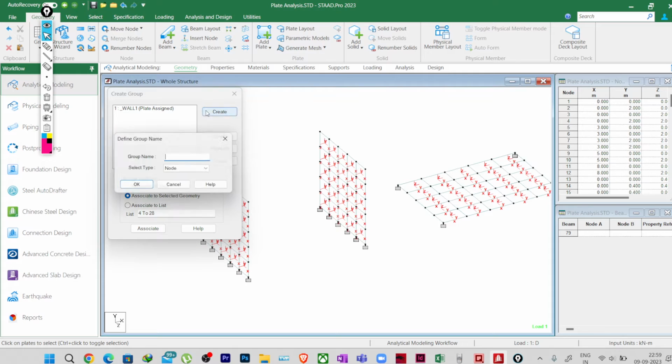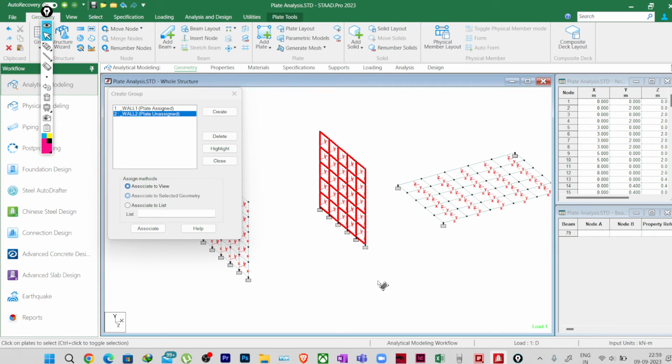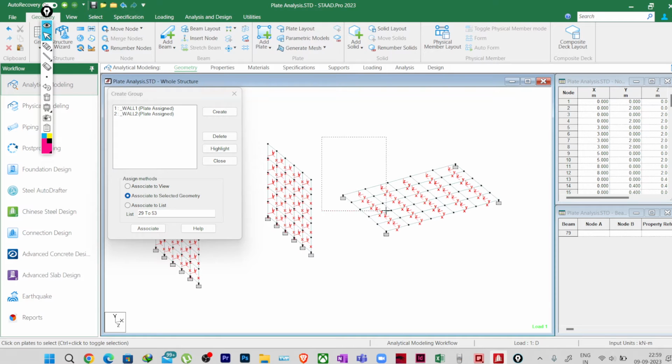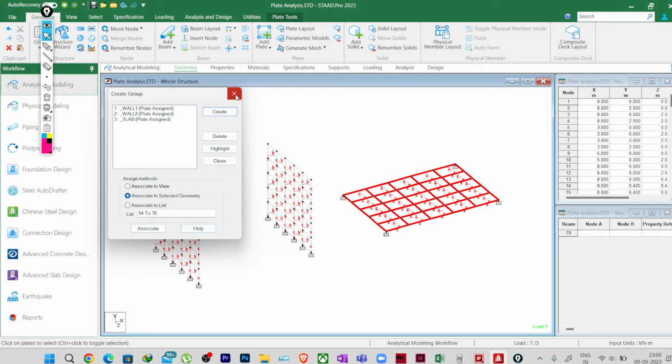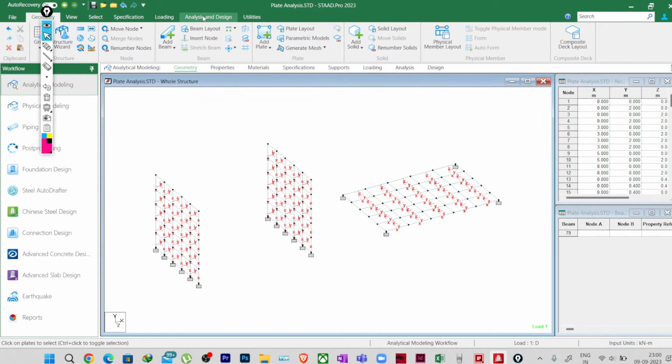Then another one, wall 2, plate, select this, associate. And this as slab, plate, associate. Now I will run the analysis again.